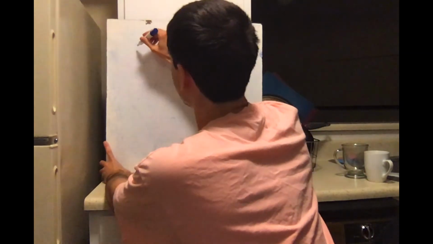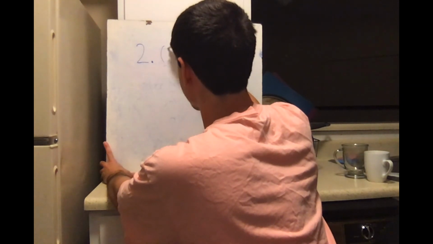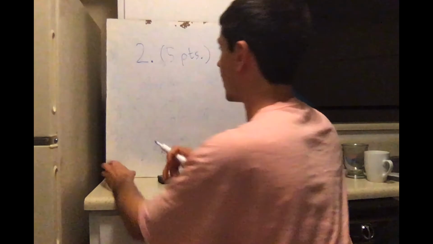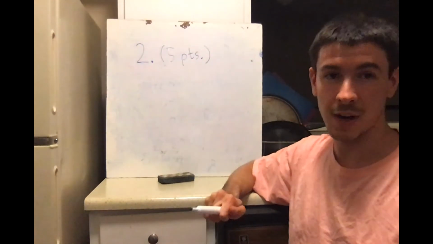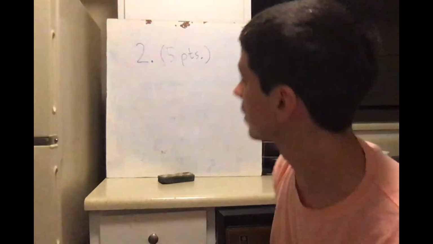And then homework problem 2, worth 5 points. So this will be sort of an investigative, very, very easy problem to do, but we'll turn you loose a little bit.